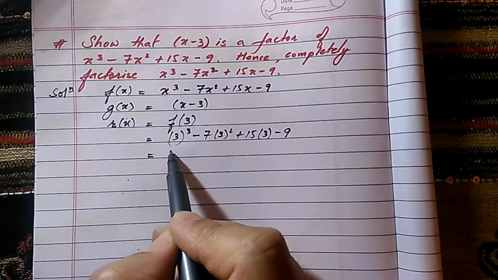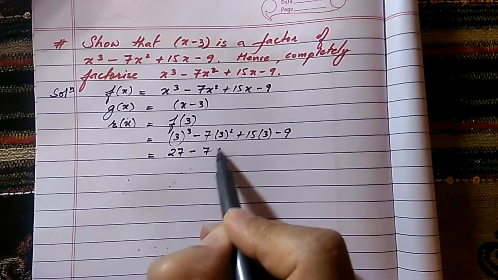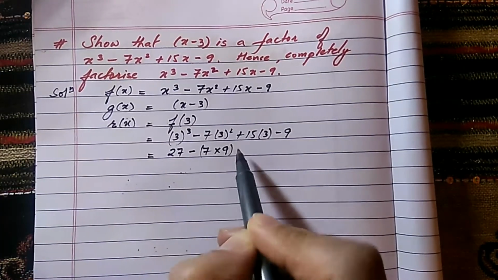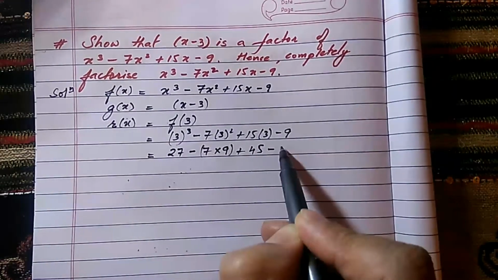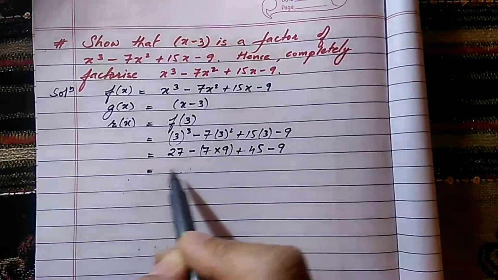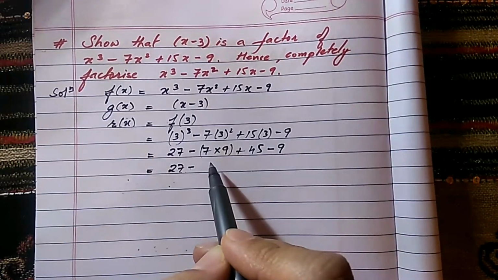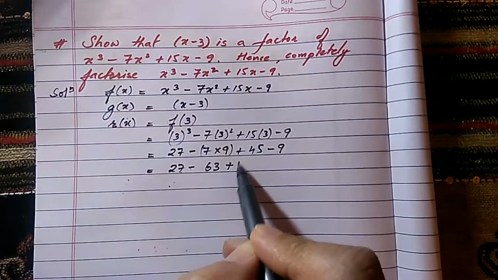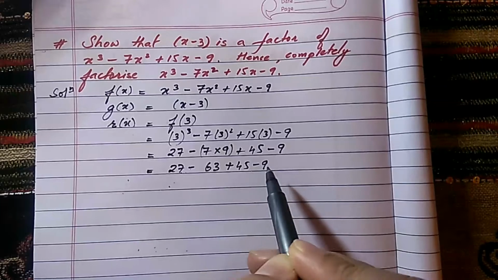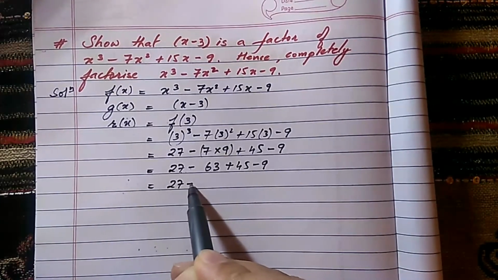So 3 cubed is 27, minus 7 into 9, plus 45 minus 9, is equal to 27 minus 63 plus 45 minus 9. Let's put the positive signs together.